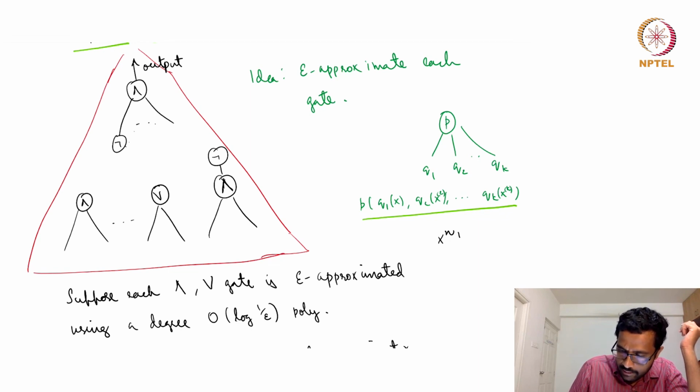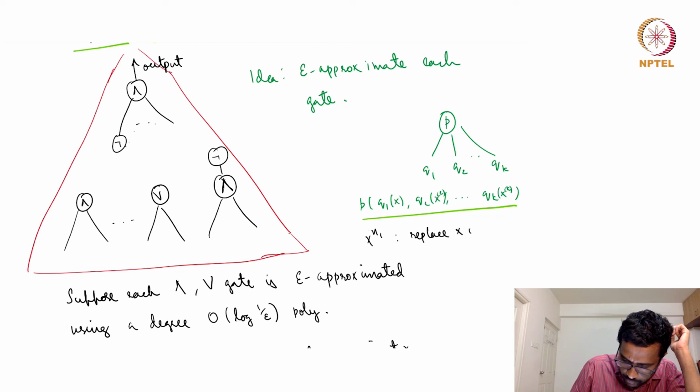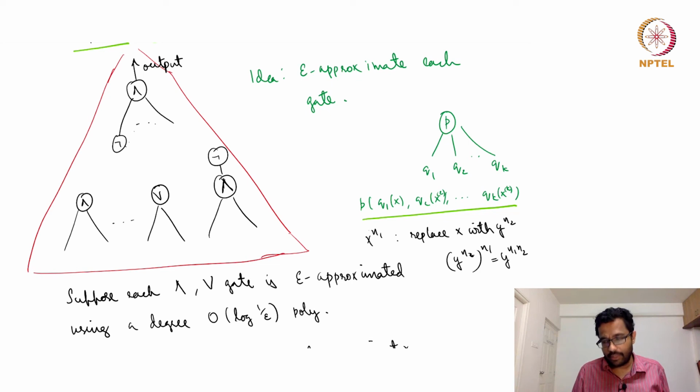Now I am replacing x with y power n2. So it is like y power n2 whole power n1, which is nothing but y power n1 n2. So the degree is actually multiplying. So n1 and n2, they multiply.